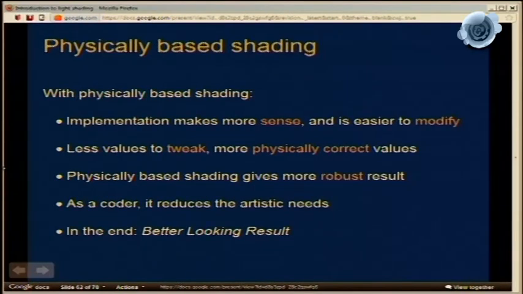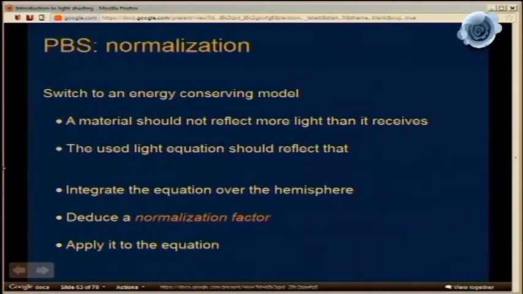But how can we achieve that? A first step is to switch to an energy conserving model, because we saw that those models are completely senseless. There is a law of conservation of energy. You don't want your material to reflect more light than is received, and you want your equation to have such a behavior.